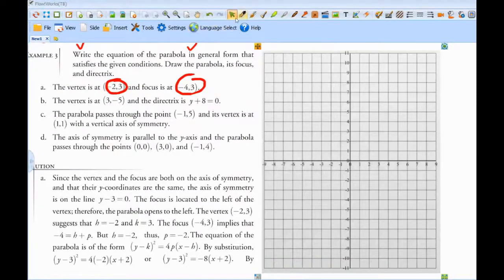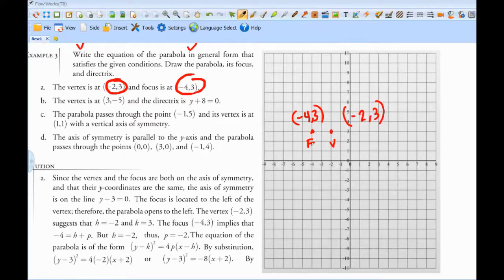Okay, so let's try first the negative 2, 3. The negative 2 and positive 3, that's the vertex. And then the focus is at negative 4 and 3. All right, so this is the focus and this is the vertex, negative 4, 3 and negative 2, 3.